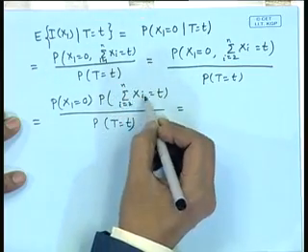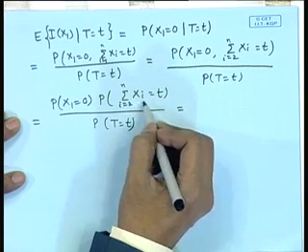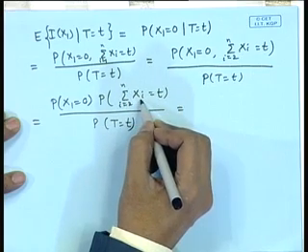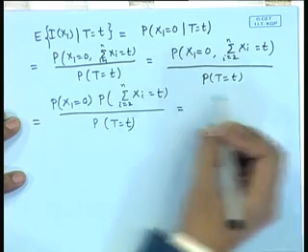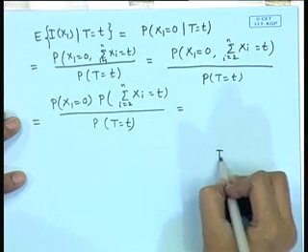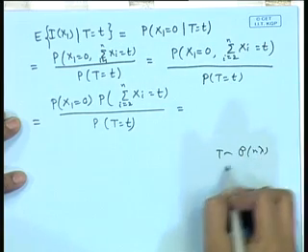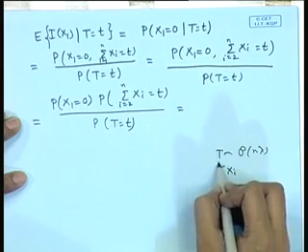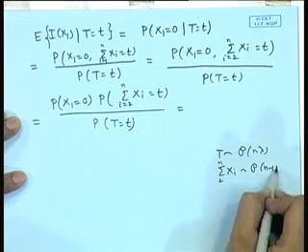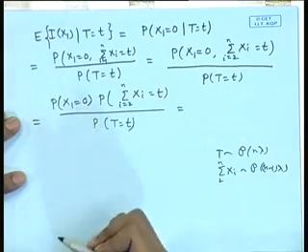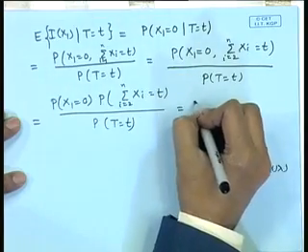Once again we make use of the fact that the sum of independent Poisson random variables is again Poisson. So, T follows Poisson n lambda, sigma x_i from 2 to n follows Poisson n minus 1 lambda, and x1 follows Poisson lambda. So, we can substitute these values here.